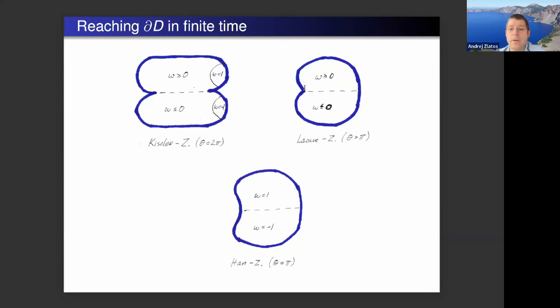At this bad corner, the velocity is even unbounded, but even if it's just an obtuse corner, with angle between pi over 2 and pi, then the velocity is Hölder. So if there is a chunk of the domain where the vorticity is not constant, let's say everywhere else or nearby this corner is constant, that chunk can be carried along and reach that corner in finite time, because the velocity is Hölder or even unbounded there.